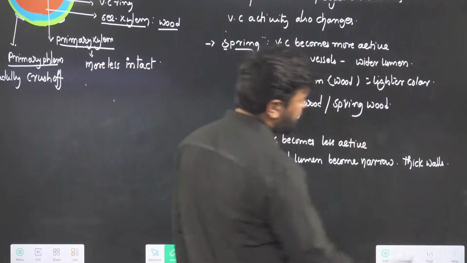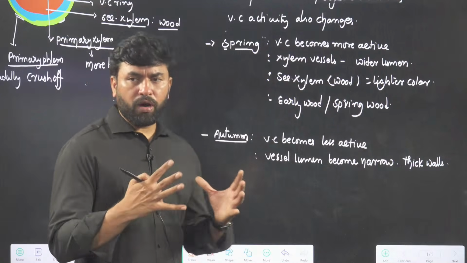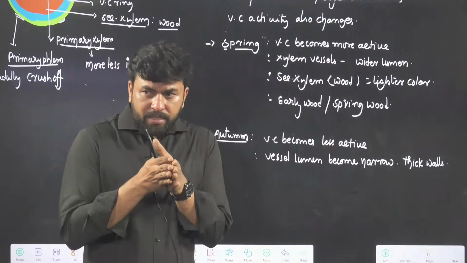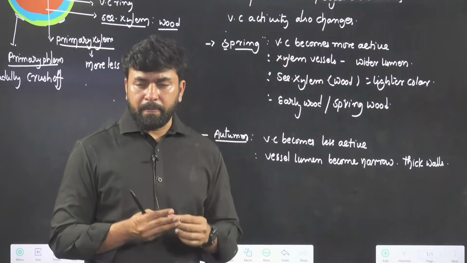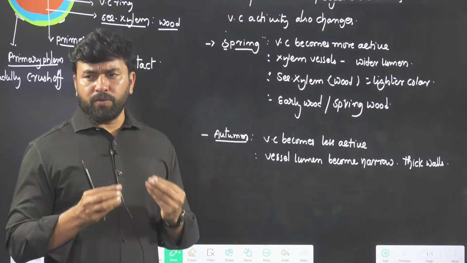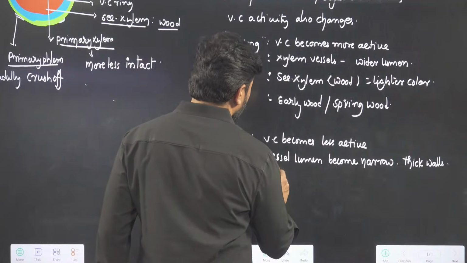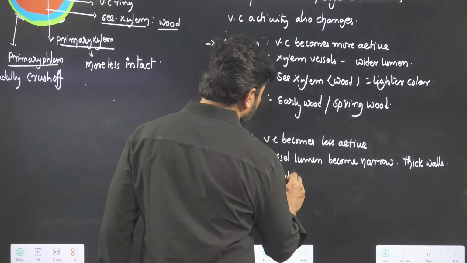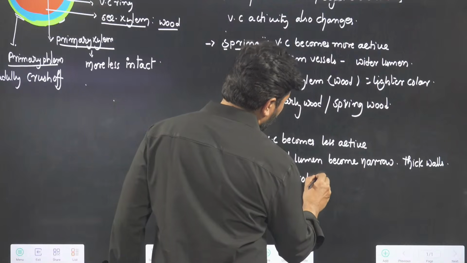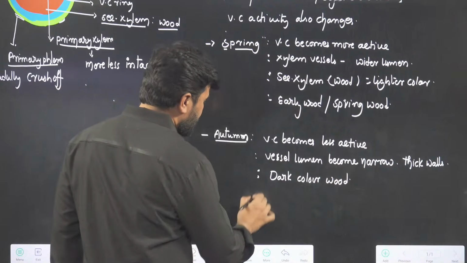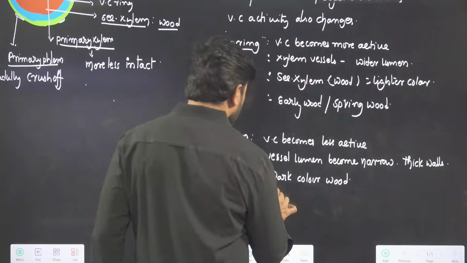Thick walls will be formed so that the vessel internal luminal volume will be narrower because cell walls are going to become more thick. Due to the presence of thick walls, the wood which is formed here becomes dark color wood. This dark color wood has a name called late wood.